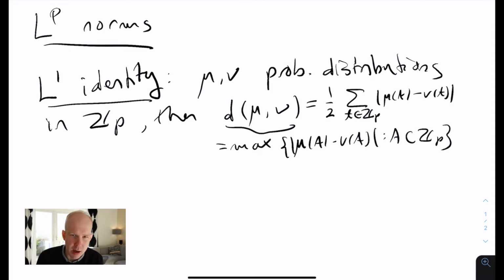This was the basic identity that we've been using, and it's very important later on in the course.